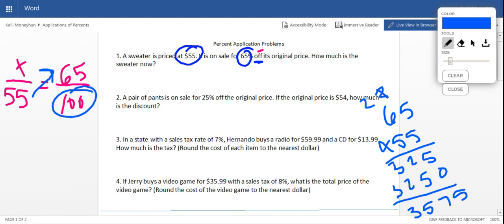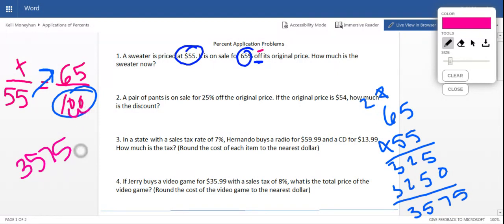All right. Okay, and then if you don't know this trick, or if I didn't tell you, whenever you have a number like 3,575 and you're dividing by a 10, 100, 1,000, all you have to do is count these zeros. Okay, so this is 2 zeros.